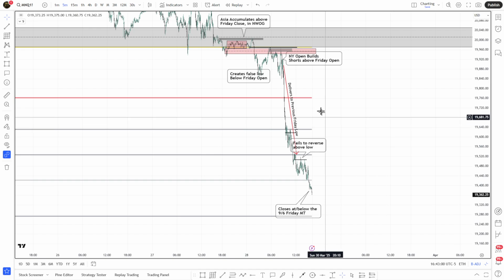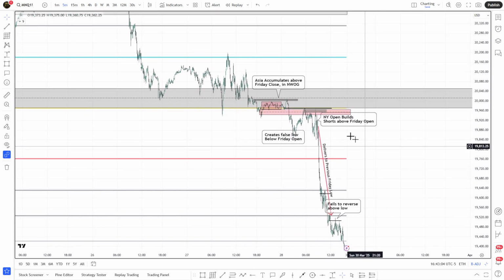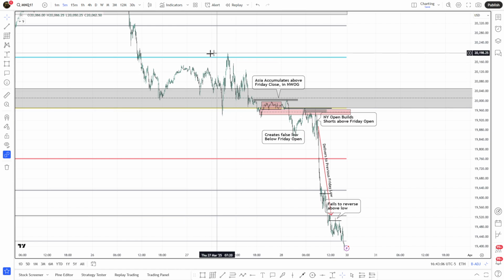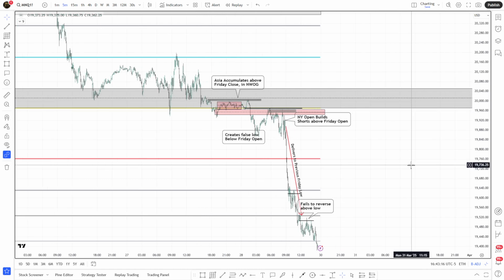Okay, and then now we get the opposite, where we accumulated orders between the neutral position and the call trigger. And then finally, there was a Friday level that matched exactly with this. It was a Friday close, which matches the bottom of the new week opening gap.